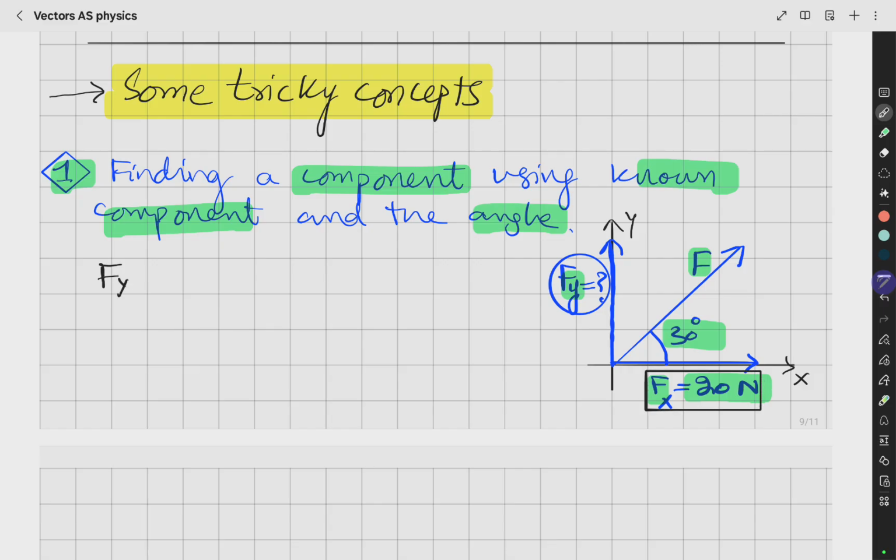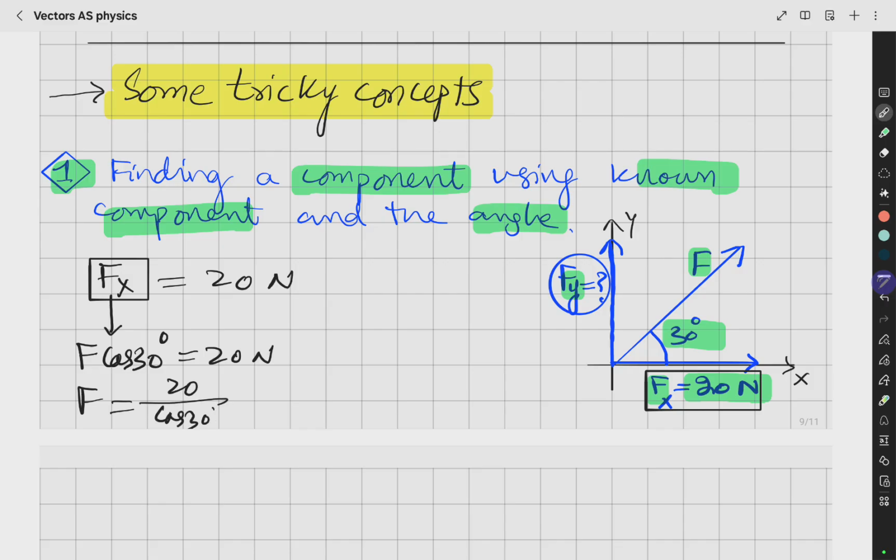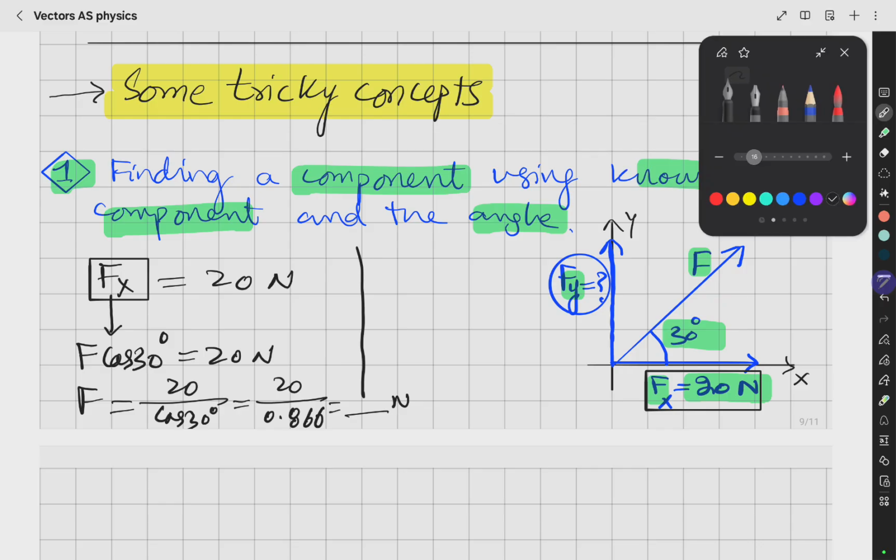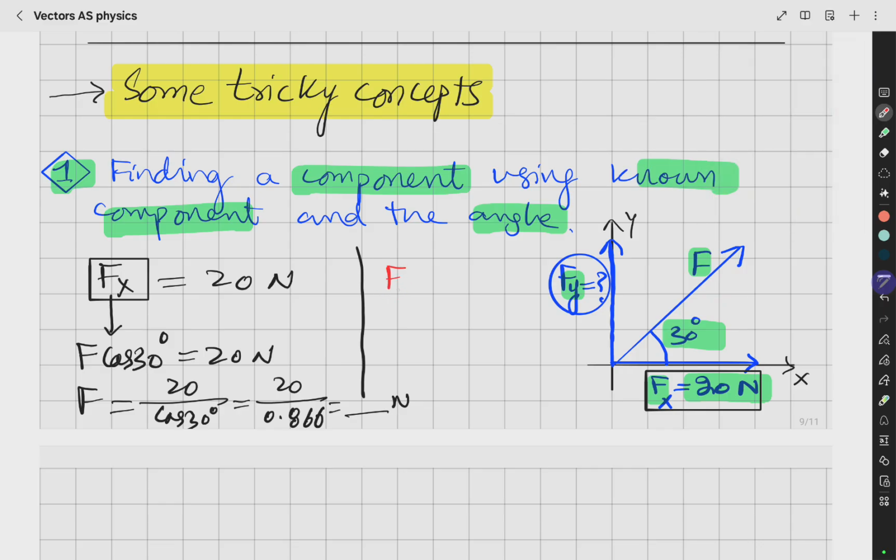So you know that fx is 20 newton, and you already know that fx is equal to f cos theta, f cos 30. So this is 20. From here you find f, which is 20 over cos 30, and cos 30 is 0.866. And then after this, you will say, okay, I know that fy is equal to f sine 30.